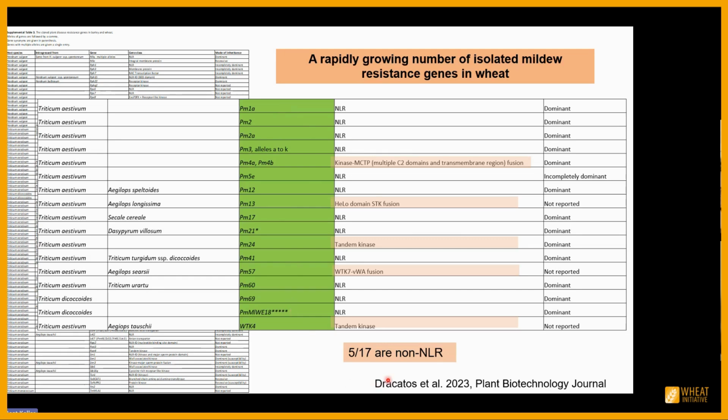That's from a paper of Peter Dracatos last year, and it is already outdated because more and more genes are cloned. You can see these cloned genes are mostly encoding typical NLR immune receptors, but there is a growing number of exceptions. Five of the 17 cloned Pm genes last year were non-NLRs, and I will come back to that at the end of my presentation.